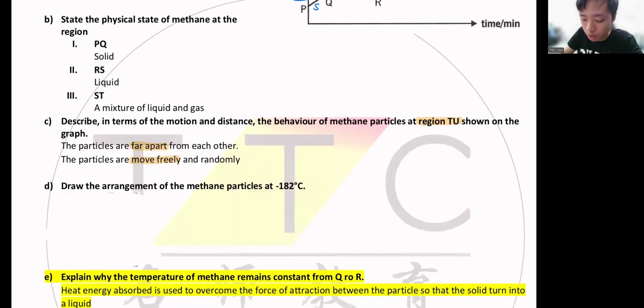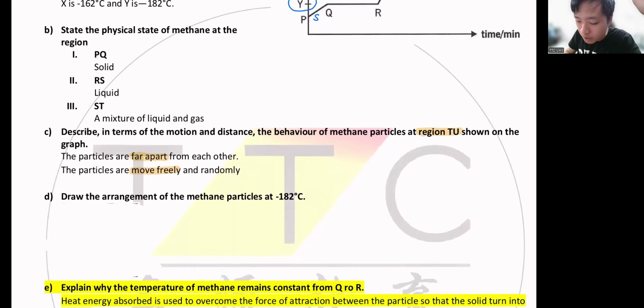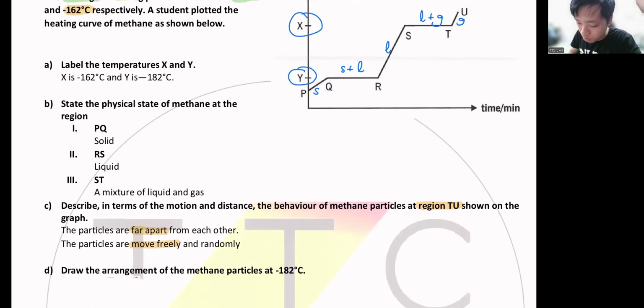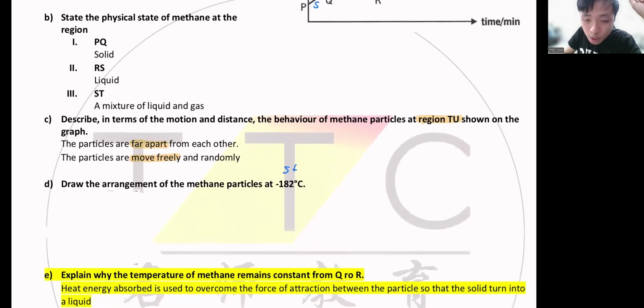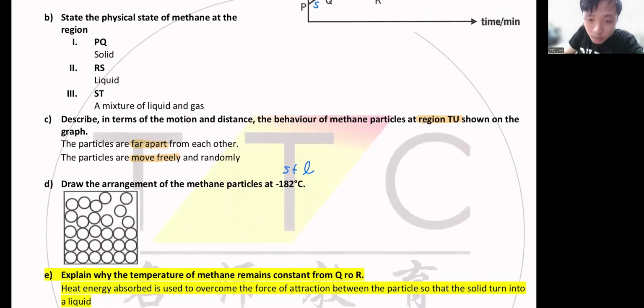Then you can draw the particles for -182. Now, at -182, the particle arrangement is this one, right? So -182 is solid plus liquid. So if they ask you to draw it, you draw half, okay?